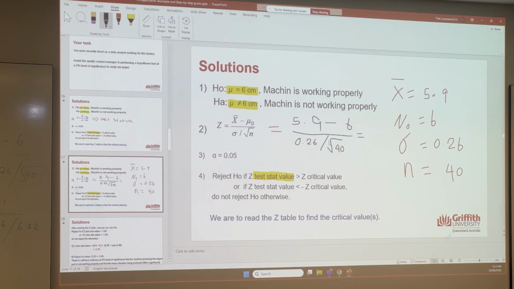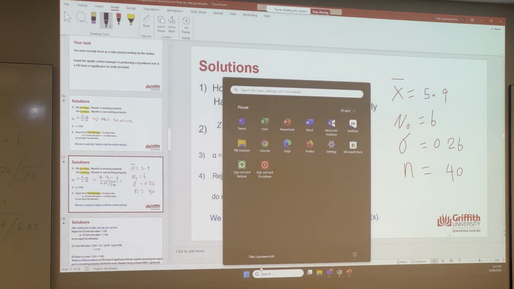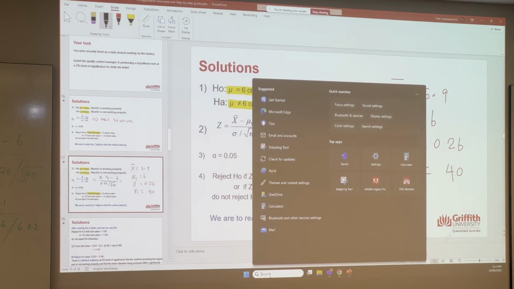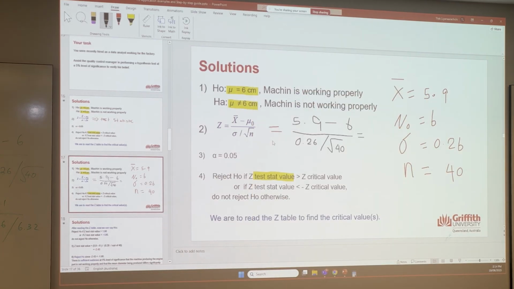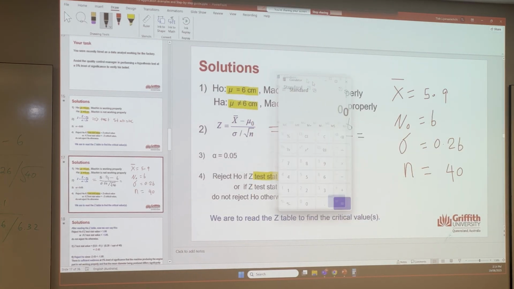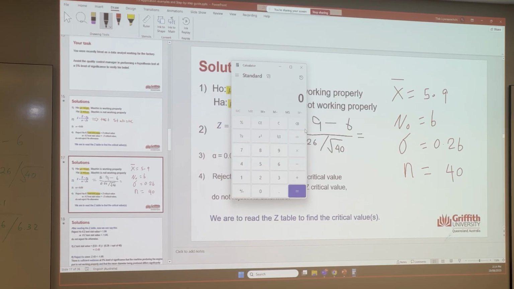Also remember, I don't know whether you're using a calculator or Excel. If it is a calculator, there's a button here for the square root of 40, so it's 6.32.